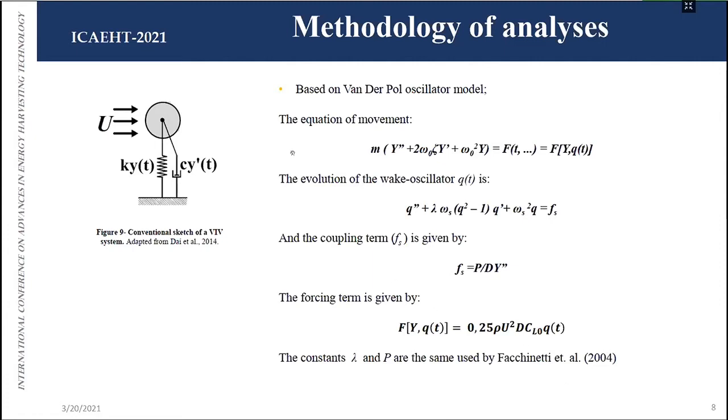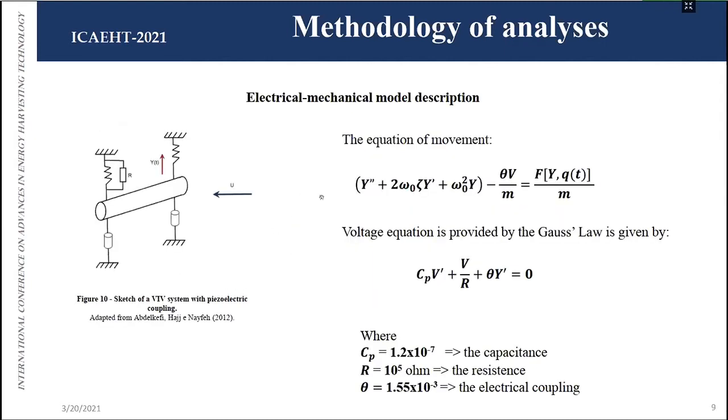Our cylinder is elastically supported and able to vibrate in a transverse, uniform, and stationary flow. Introducing now the piezoelectric coupling here, we could obtain this equation of movement, and the voltage equation is provided by Gauss' law, as given here. For our analysis with the electromechanical model, we set these parameters given here.